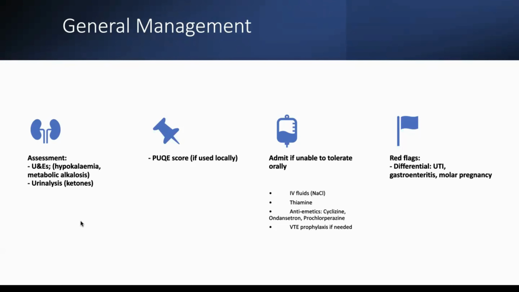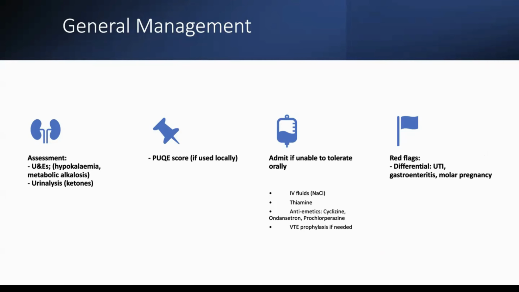It's a score assessment to check the severity of hyperemesis gravidarum. We admit them for IV fluid, giving them either cyclizine, prochlorperazine, and there is also a new medication called Xonvea.